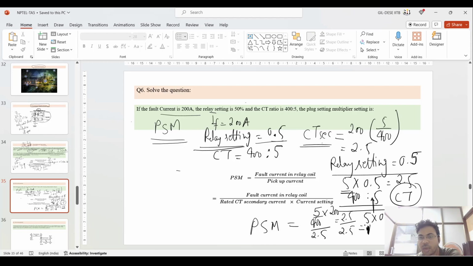Pickup current is 5 multiplied by 0.5, that is 2.5. It is the same. So plug setting multiplier will be 1. Okay. So plug setting multiplier will be 1 based upon this fault current. Any doubt in the question? Ashok, 80 will not be the answer. Plug setting multiplier is nearly equal to 1 or less than 1.